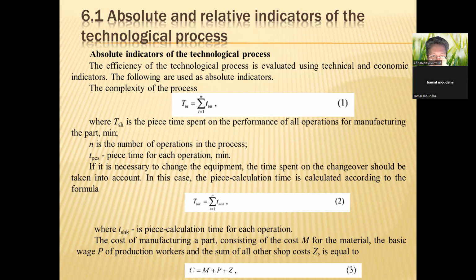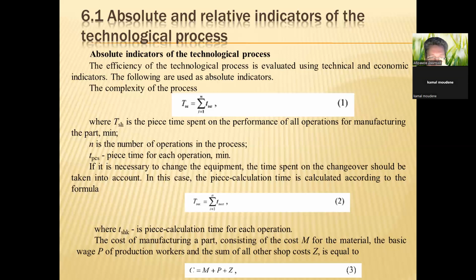is the piece time spent on the performance of all operations for manufacturing the part. n, small n, is the number of operations in the process. t, small t, piece, is the piece time for each operation.